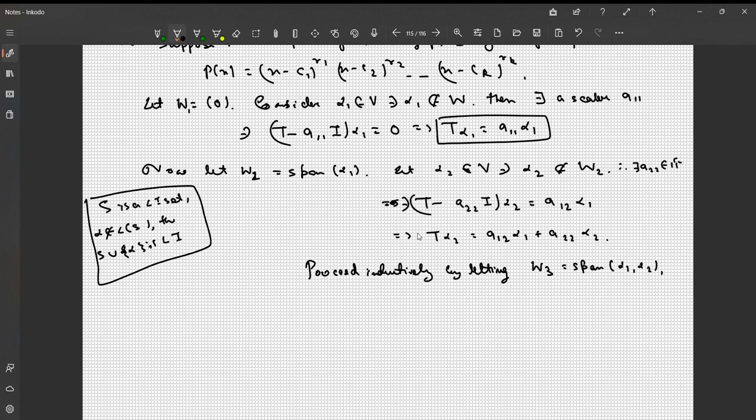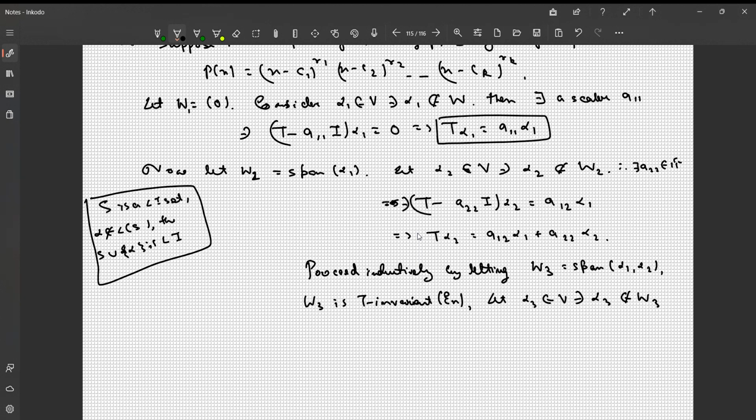And then we can obviously again use this very lemma. So using this lemma, we will get some vector alpha 3. So let me just put this step for W3. Okay, then W3 is T invariant. I'll ask you to check this as an exercise.